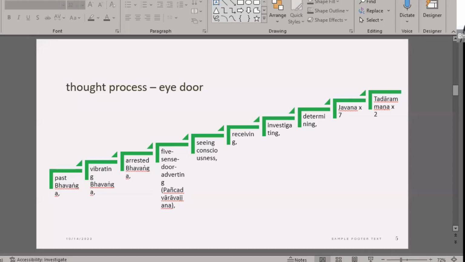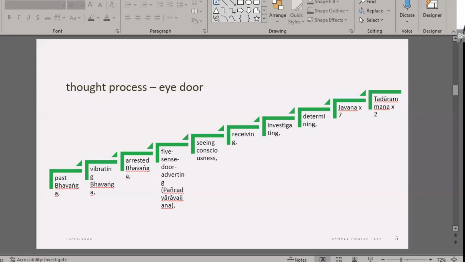Then he takes the mango with his hand. It's like receiving consciousness, sampatichana. Then he squeezes it. It's like investigating consciousness, santirana chitta. Then he smells it. It's like determining consciousness, vottabbana chitta. After that he eats. When he eats, he can take the taste completely. That's like javana chitta.